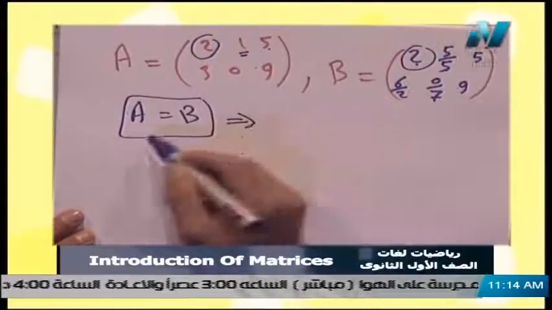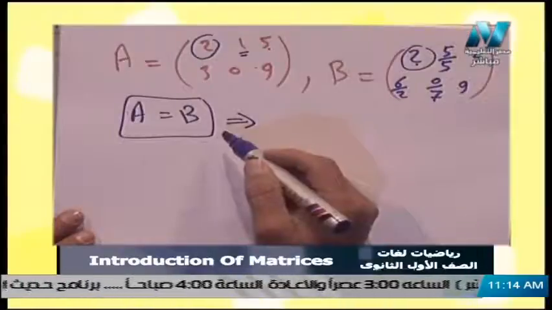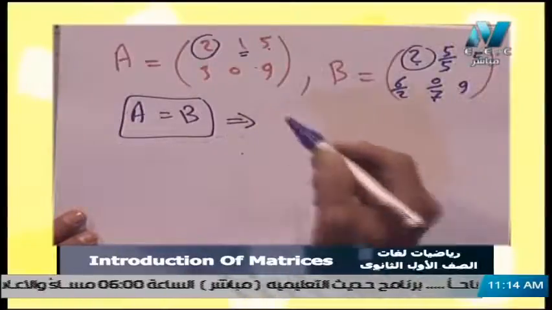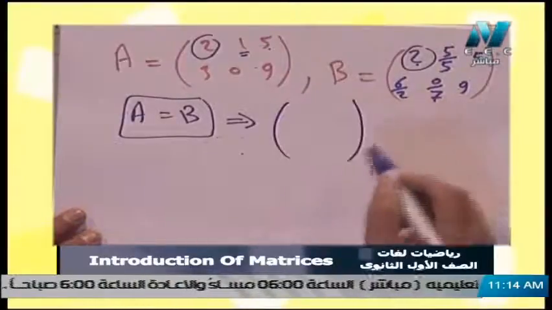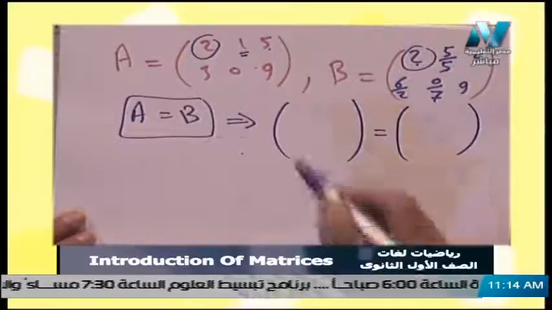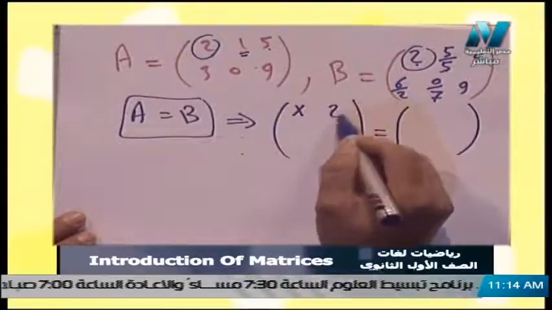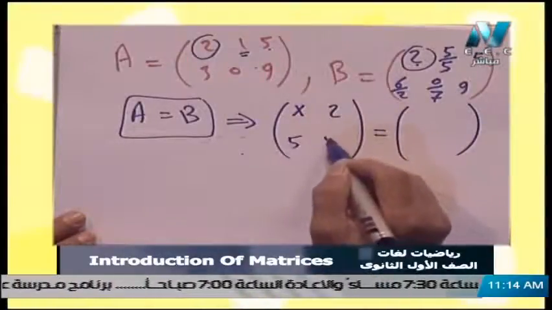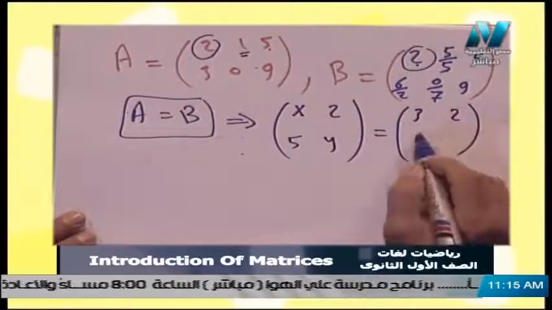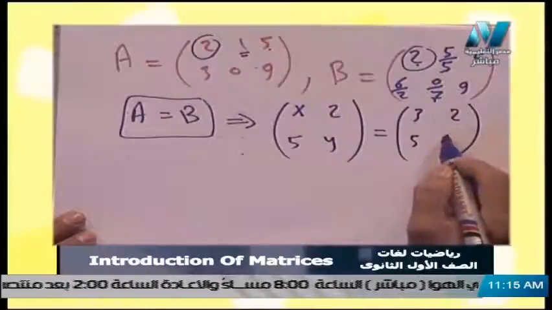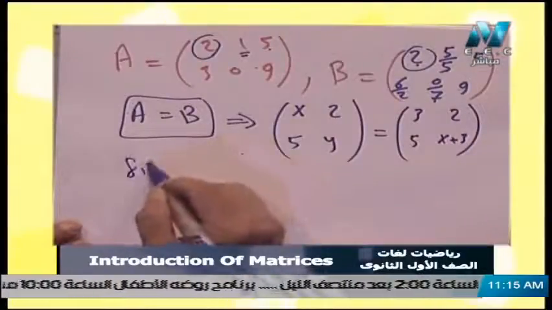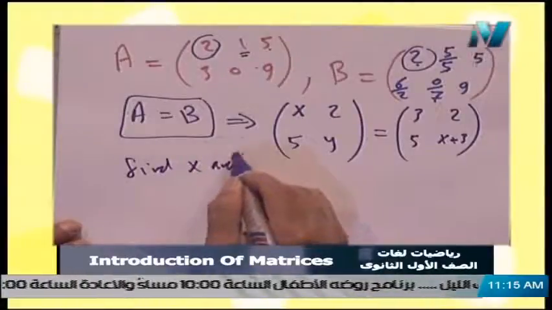Okay, we can use this equality to find some values or variables. If we have two matrices that are equal, with x, 2, 5 and y, and this is 3, 2, 5 and x plus 3, find x and y.